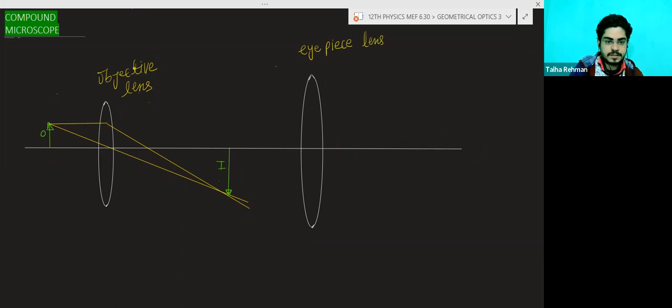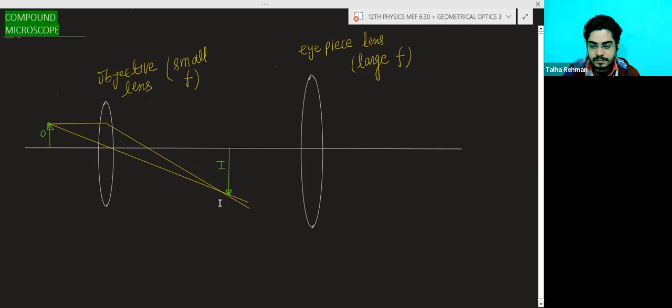Okay, this has a small focal length, and this has a large focal length. This has the large focal length. So now the image formed by the objective lens will work as an object for the eyepiece.